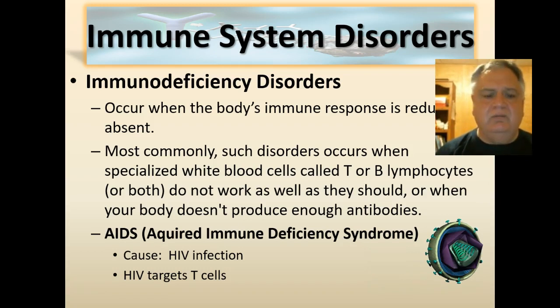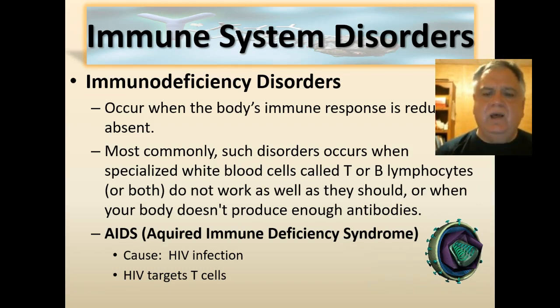As a result, if the T cells are busy being infected by a virus, they're not going to respond correctly. They're not going to produce enough cytokines or cytokines at all. And we're not going to get the antibody response. We're not going to get the macrophage response that we saw in the previous explanations and videos.